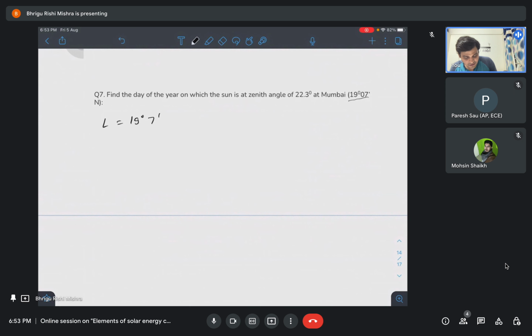Now 60 minutes comprise 1 degree, so 1 minute is 1 by 60 degree, and 7 minutes is 7 by 60 degree, which is 0.116 degree.